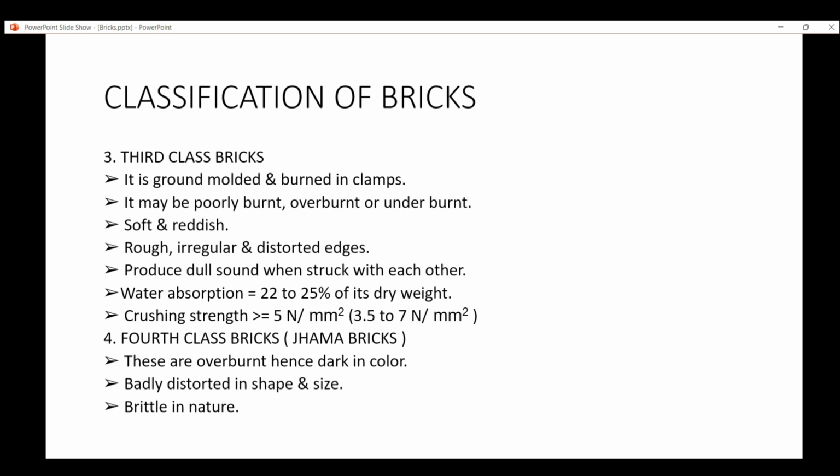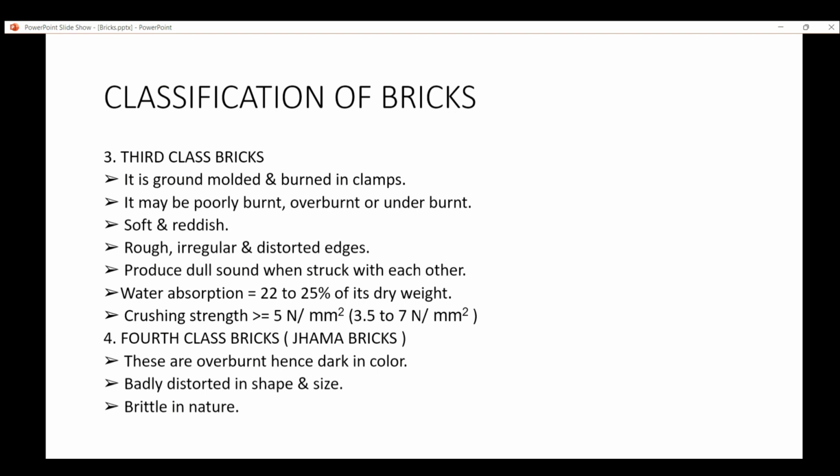Now we will discuss the third class of brick. There are some basic points or characteristics, you can say. It is ground, moulded and burnt in kilns, but it is poorly burnt or overburnt, and it will become reddish, not deep red. The color will be reddish and soft, and its edge is irregular, distorted or rough.